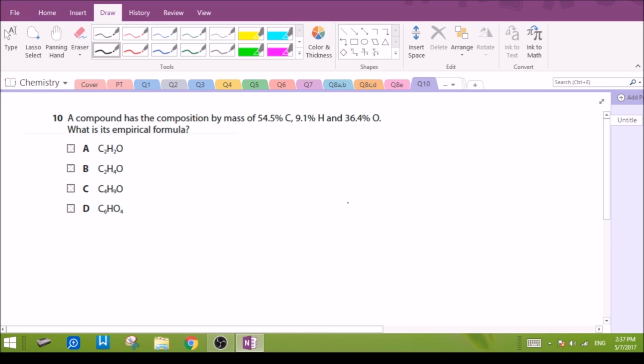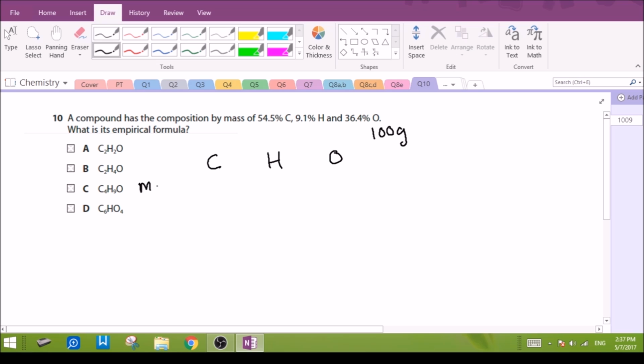Number 10, empirical formula. So we are given the data for carbon, hydrogen, and oxygen. So let's create a table. As per usual, the convenient way to look at it is we have a 100-gram sample.